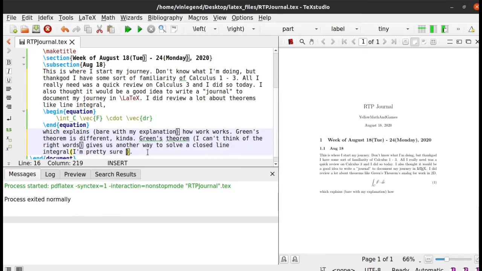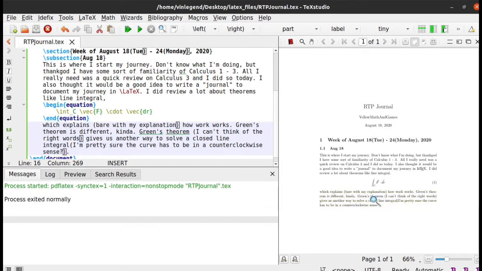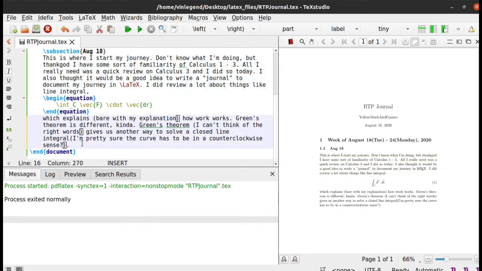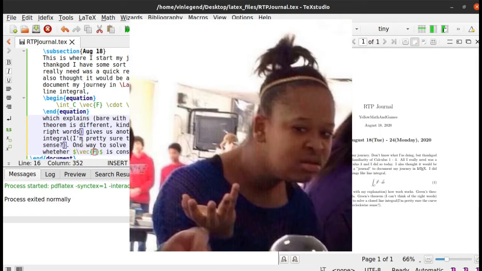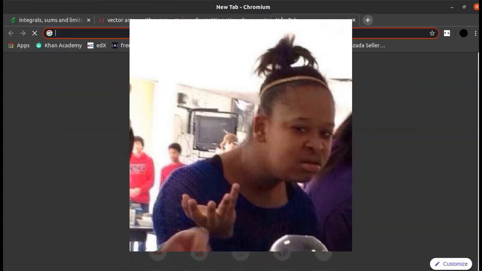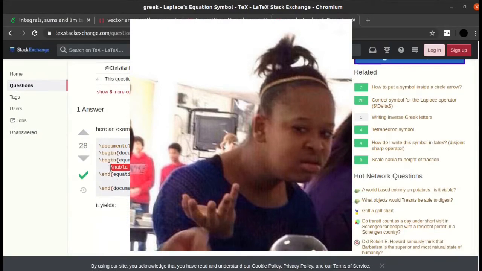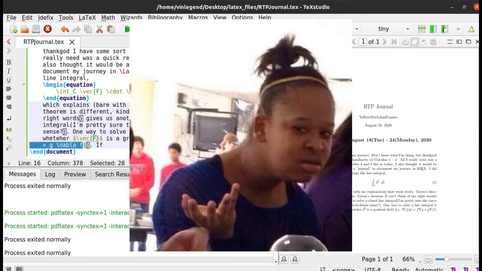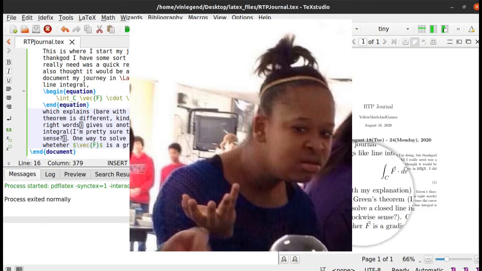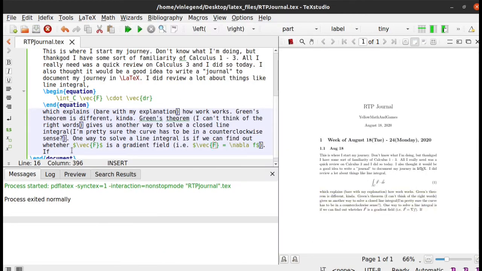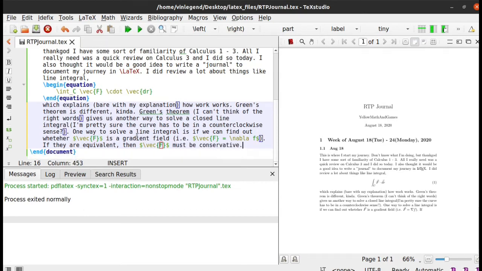Stokes' theorem, on the other hand, states that the closed line integral of vector field f dot dr is equal to the surface integral of the curl of vector field f dot n, the unit normal vector, and dS are those little chunks of small surface areas. Hopefully that was understandable.